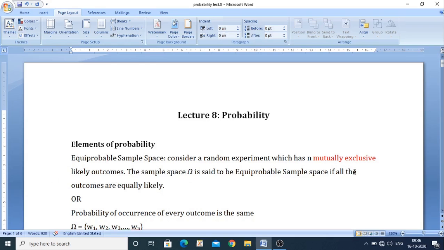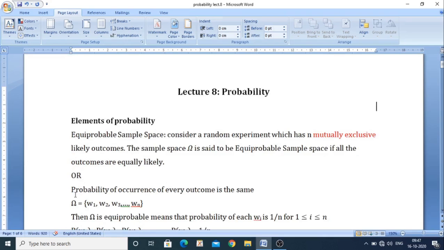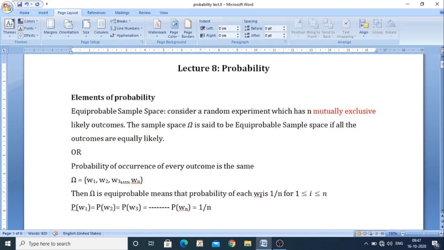So all the outcomes here are mutually exclusive likely outcomes, and the sample space omega is said to be equiprobable sample space if all the outcomes are equally likely. That means they are independent and the chance for each one is the same. Or we can say another way, the probability of occurrence of every outcome is the same.